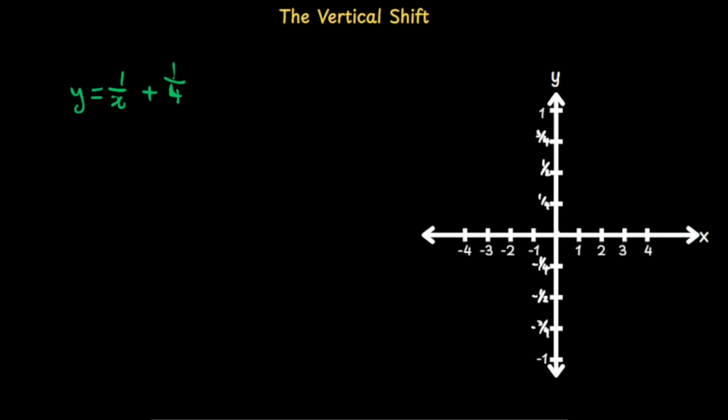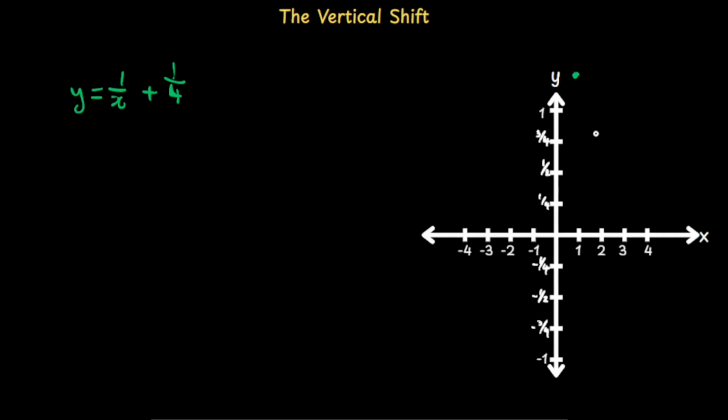Starting off at 0, 1 over 0 is undefined, so we are not going to have anything at this point. Let's look at 1. 1 over 1 is 1, plus a quarter should be 1 and a quarter. I'm going to estimate it because I don't have that range on my Cartesian plane right now. So I would say it is around here. 1 over 2 is a half plus a quarter is 3/4.